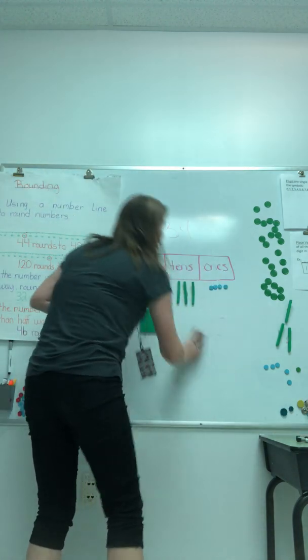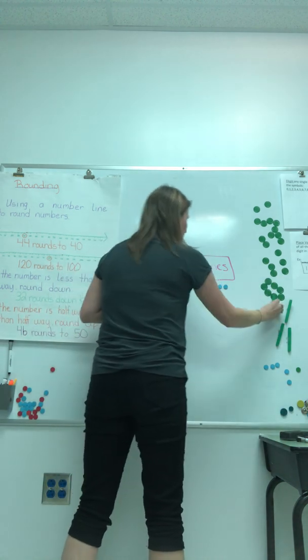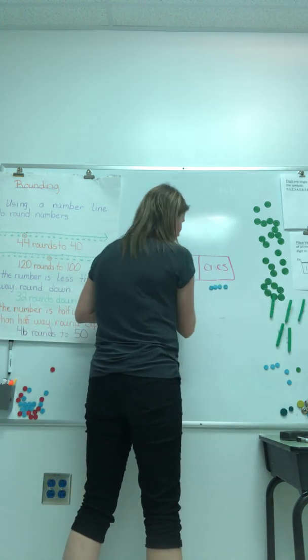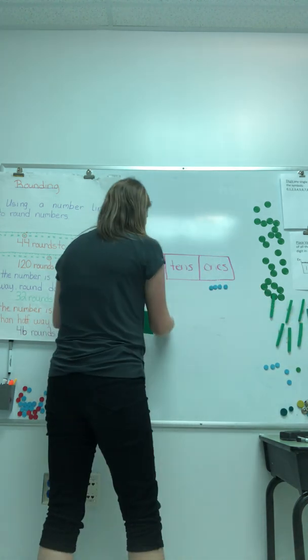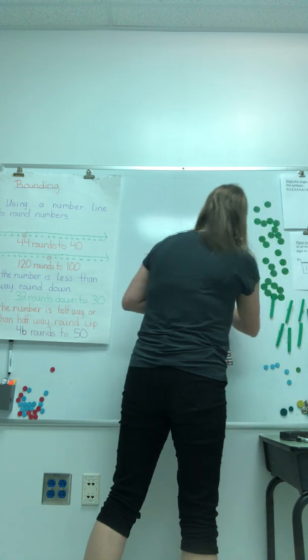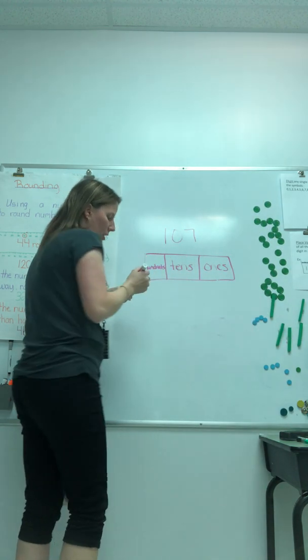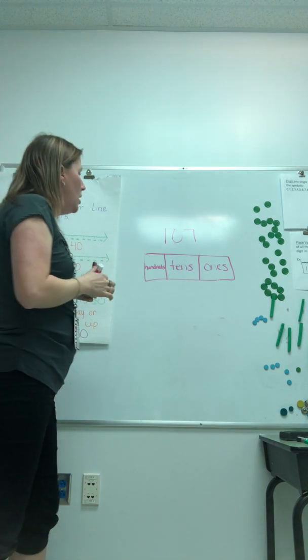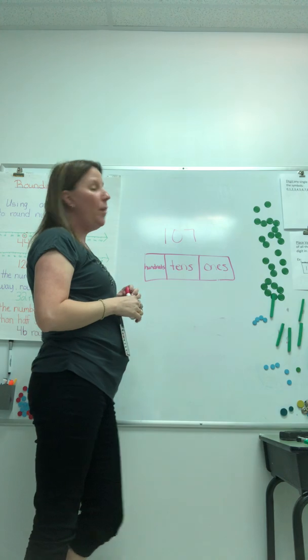Let's do one more. It's going to be a little bit of a tricky one. All right, let's go ahead and do the number 107. Let's do the number 107. So we look at the number in the ones place, the digit all the way to the right.